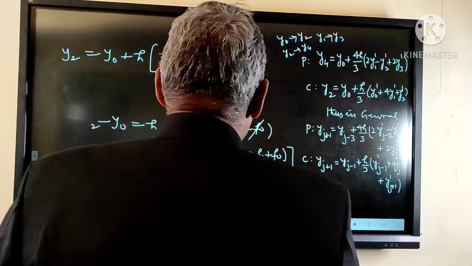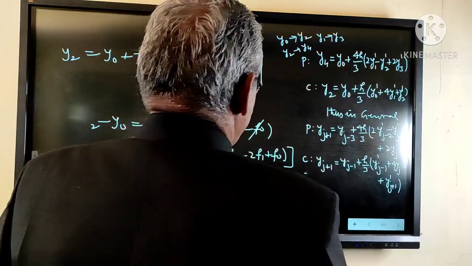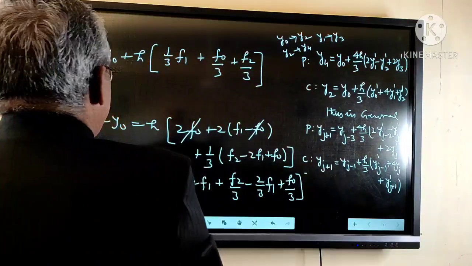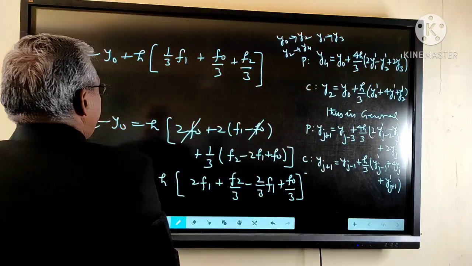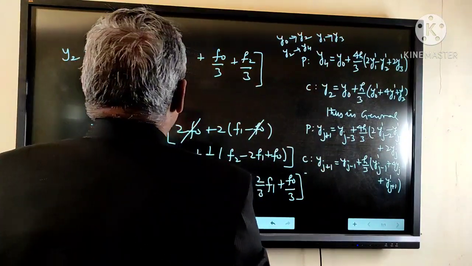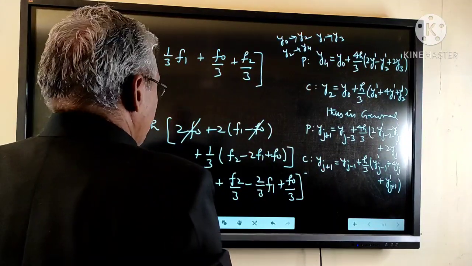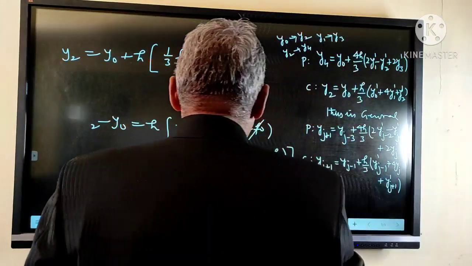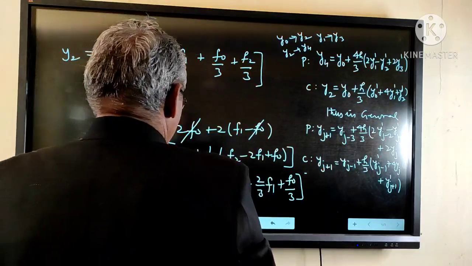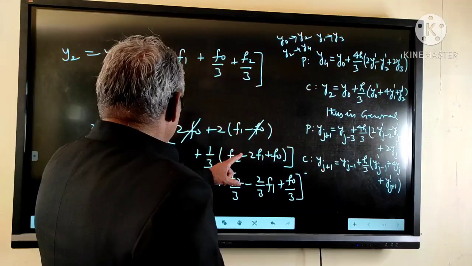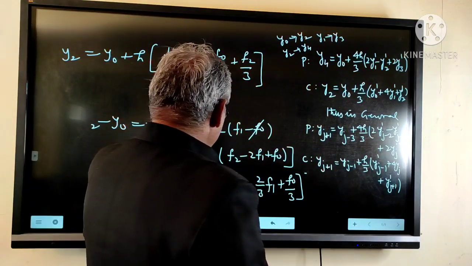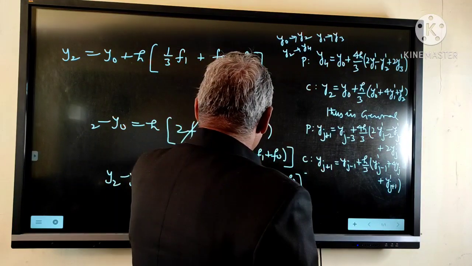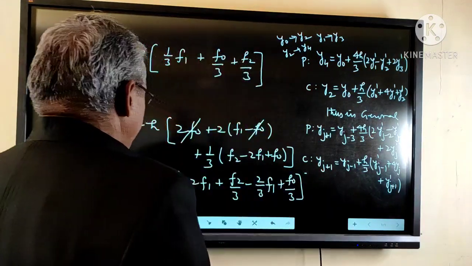This can be written as h by 3 times 2f1 plus f2 by 3 minus 2 by 3 plus 1 by 3.